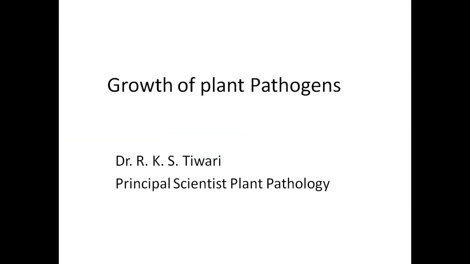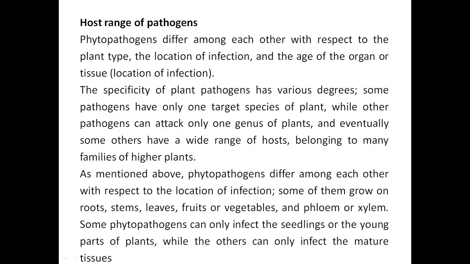In this lecture, we will see the characteristics of the plant pathogens with regard to their growth and development in the host tissues, and on the basis of their characteristics, how the diseases appear or occur on the host plant, and how the life cycle of a plant pathogen is related with the cycle of disease. I shall discuss all these things here.